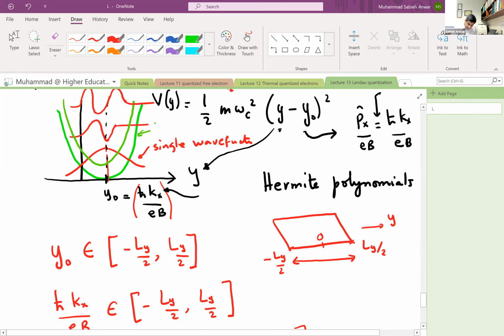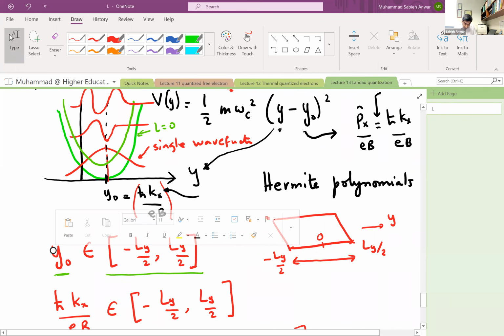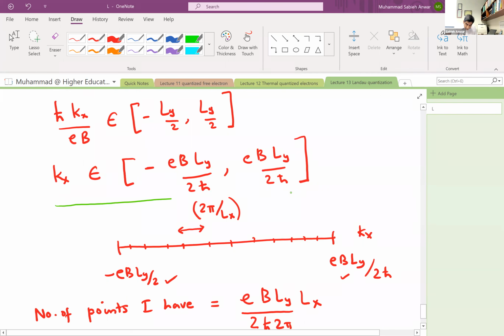So let's focus our attention on this L equals 0 level. Its y naught has to be within the size of the sample. This puts constraints on the range of kx that are allowed. Now, all of these kx's belong to a single L.